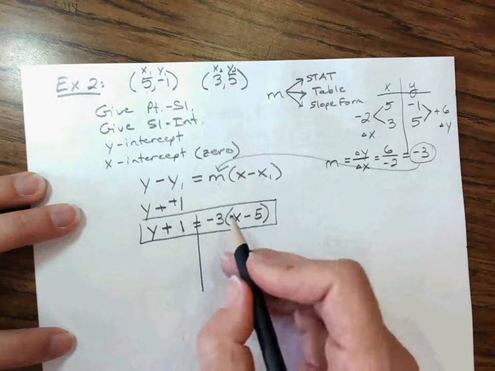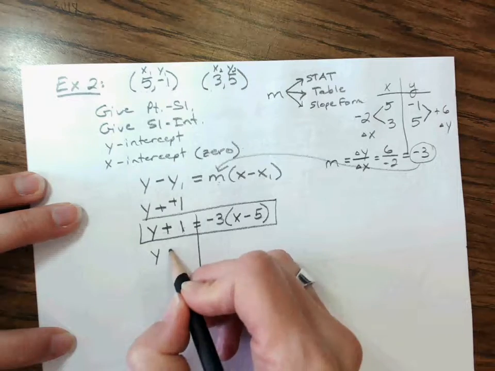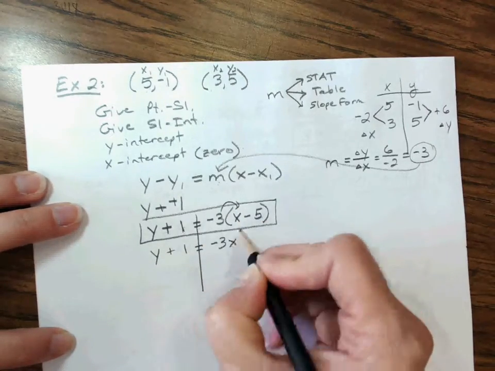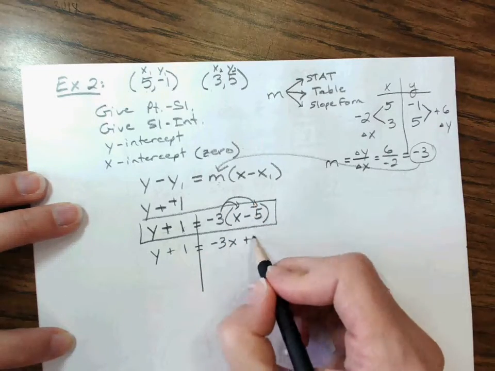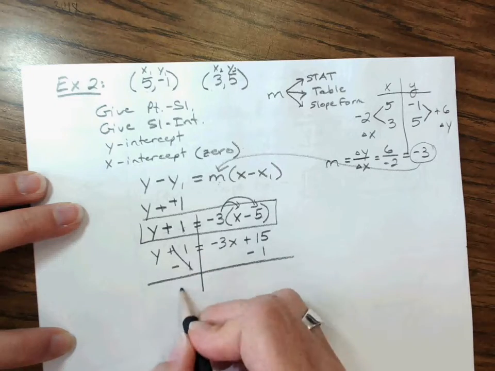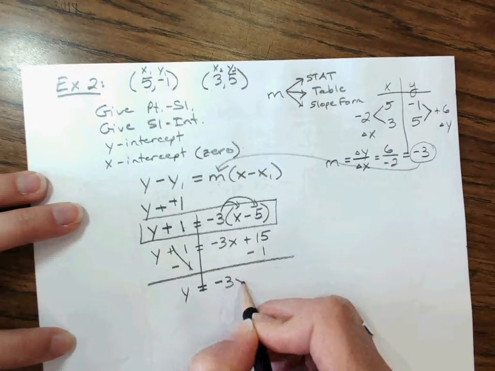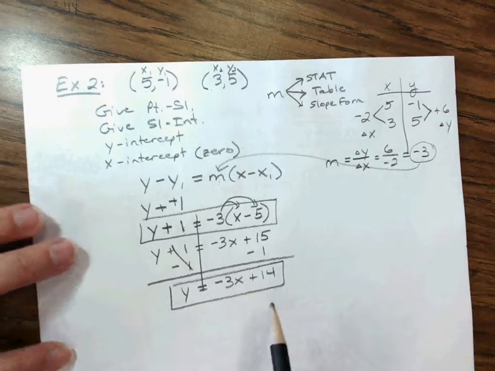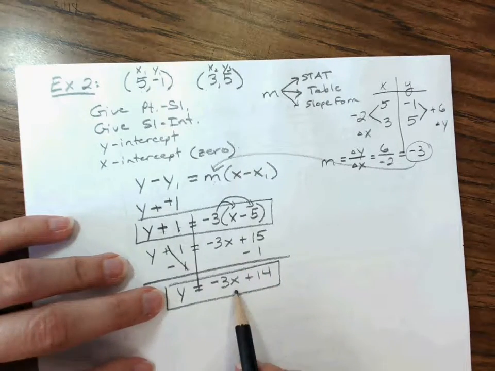Okay, so let me do that real quickly so I can get caught up with you. So I have y minus 1. I'm going to distribute -3 times x is -3x, -3 times -5 is positive 15. I'm going to subtract 1 from both sides, so I should get y equals -3x plus 14. That's my slope-intercept. I could go and put this into the calculator and check it right now.